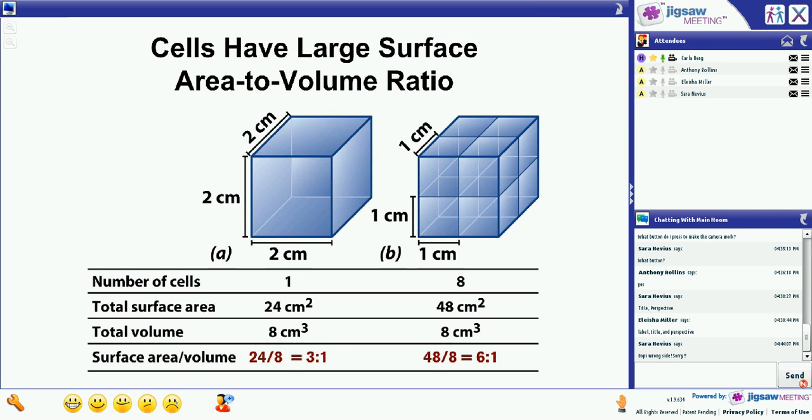If you have a cell that is 2 centimeters by 2 centimeters by 2 centimeters, the area to volume ratio is 3 to 1. Now, if you have 8 cells that are 1 centimeter by 1 centimeter by 1 centimeter, the ratio is 6 to 1.